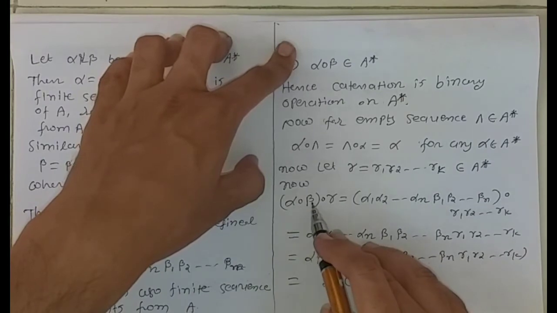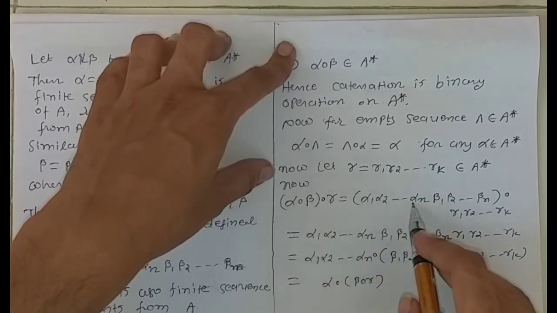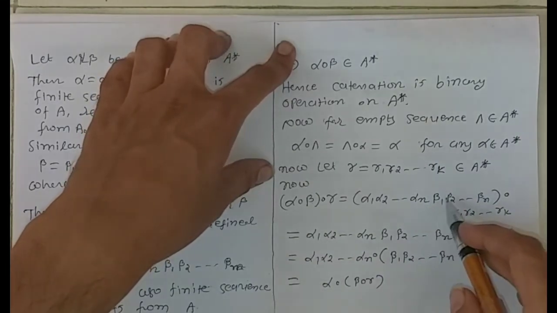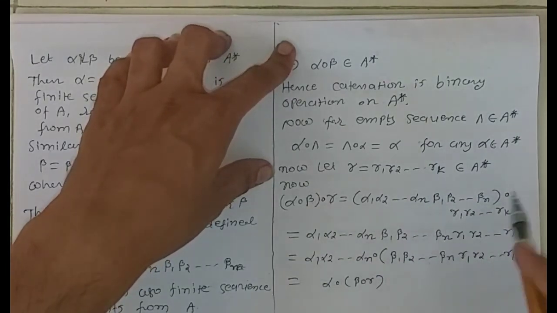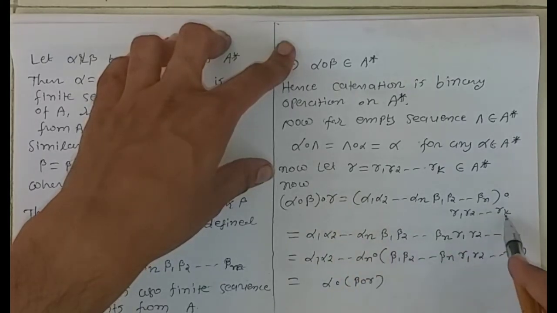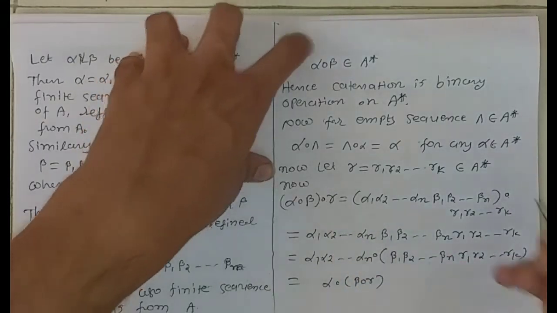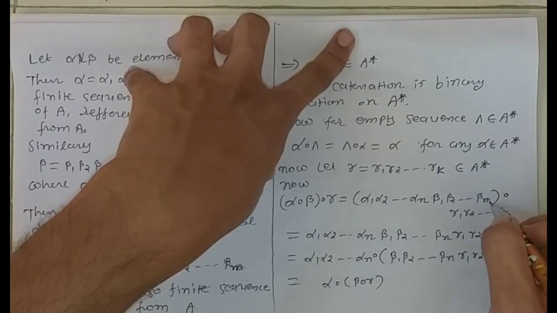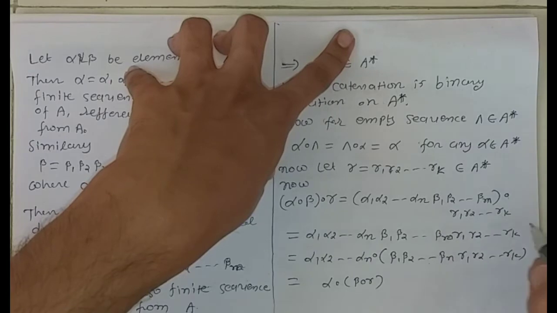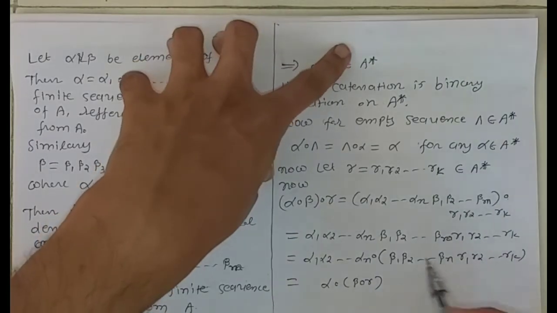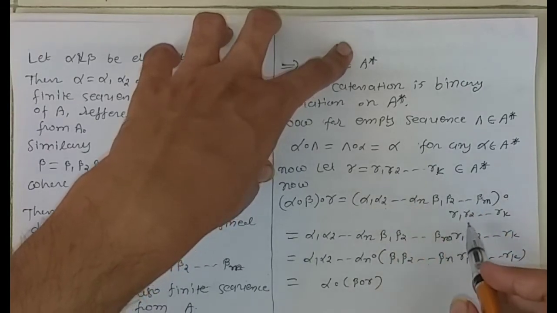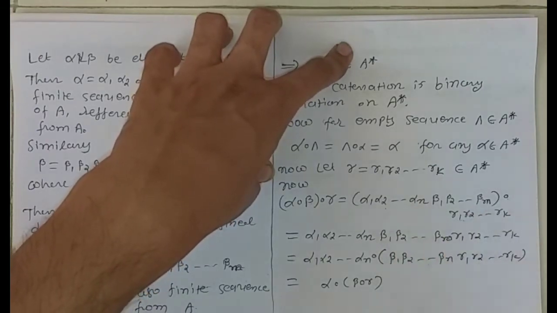So alpha composed with beta means alpha 1 alpha 2 up to alpha n followed by the symbols of beta, beta 1 beta 2 up to beta m, composed with the symbols of gamma, gamma 1 gamma 2 up to gamma k.